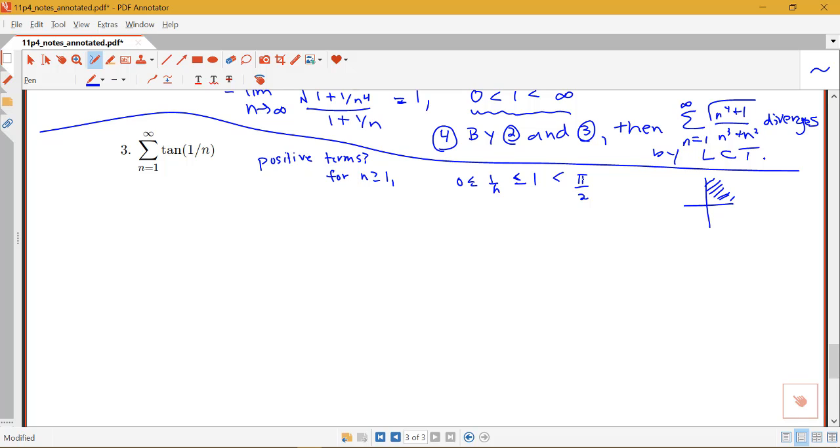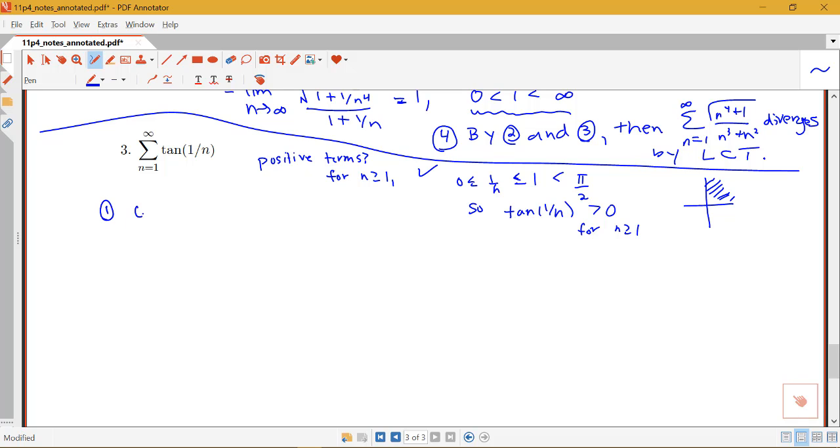Remember pi is 3.14, so pi divided by 2 is like 1.57. So pi over 2 is definitely bigger than what those 1 over n type angles would be. So this means tangent of 1 over n will be positive for n greater than or equal to 1, because I'm taking tangent of an angle in the first quadrant. Tangent in the first quadrant is positive. So we do have positive terms.